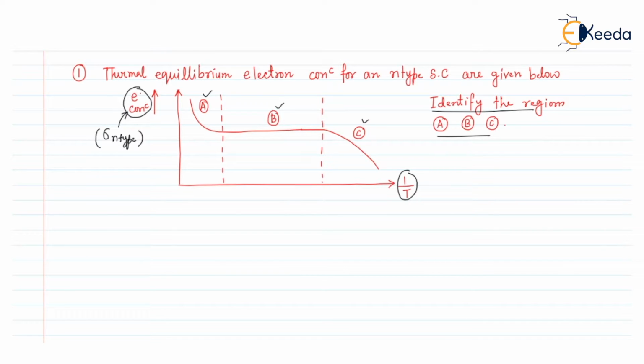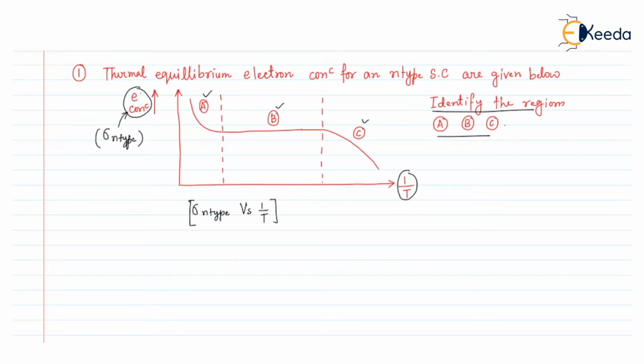So we can say that the conductivity of an n-type semiconductor is being plotted on the y-axis, because electron concentration and conductivity of an n-type material are the same thing, because electron concentration will control the conductivity of n-type material. So we can say that it is a graph between conductivity of n-type material versus 1 by temperature.